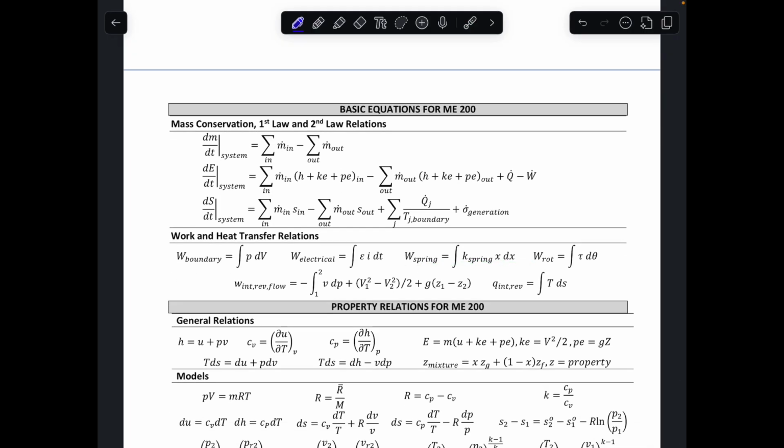And remember from a physics class, we can sometimes write the work as the integral of force dotted with displacement. And so if we're talking about the work of the spring, then this would also be the force of the spring. So we can see that the force of the spring is actually inside the integral here. It's this K of the spring times the X. So that's our spring force if you ever forget. It's not explicitly in the equation sheet, but it's kind of hidden here in case you forget.